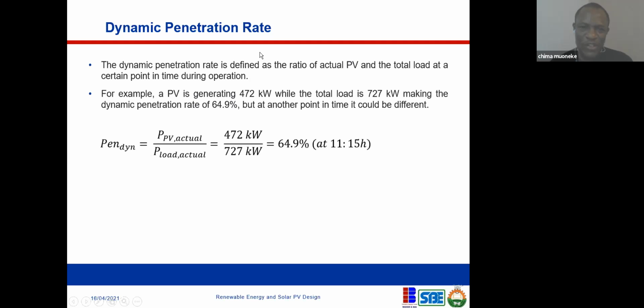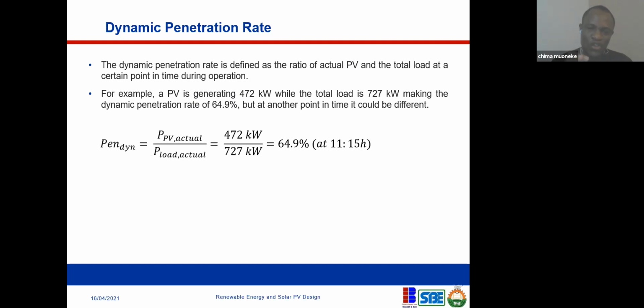So here is the formula for calculating the dynamic penetration rate. You're not measuring the installed capacity but the actual output from your PV system. You may have a 1,000 kilowatt peak PV system, but at the moment, if it's generating 472, then that's what you use. Whereas in your static penetration rate, if you installed a 1,000 kilowatt peak PV system, you use 1,000.